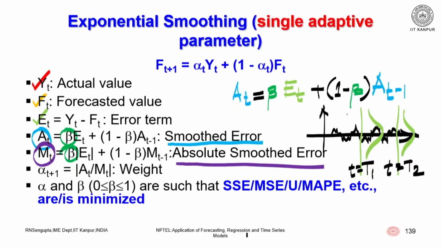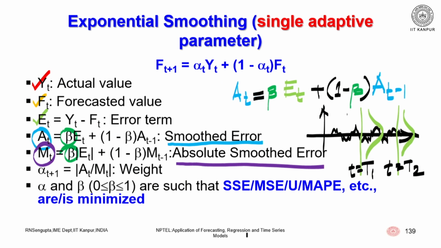And based on the smoothened error and the absolute smoothened error, their ratio, which is AT by MT, the mod of that value would give me the next value of the adaptive parameter, which is denoted by alpha suffix t plus 1.